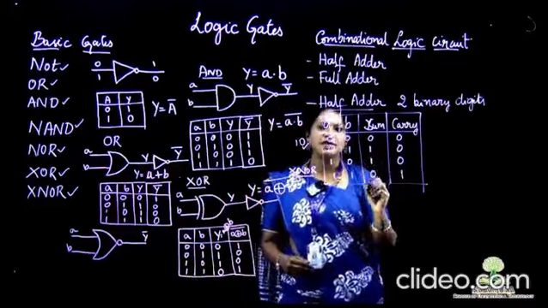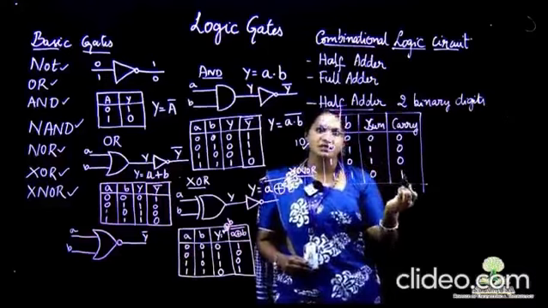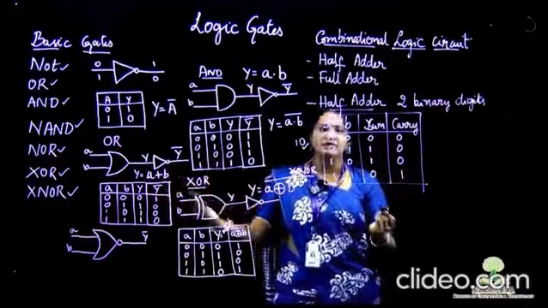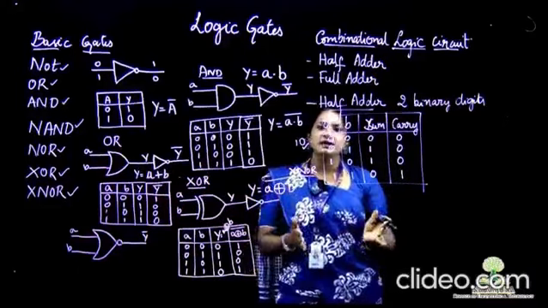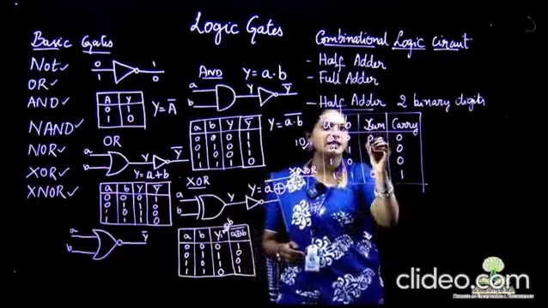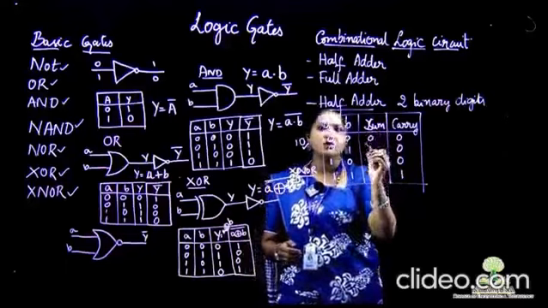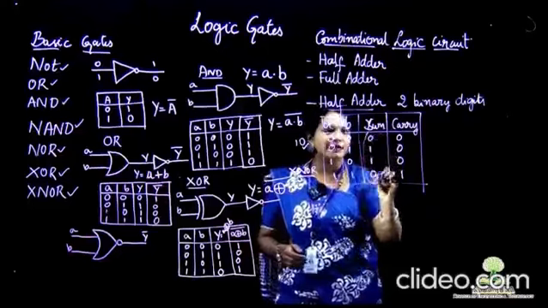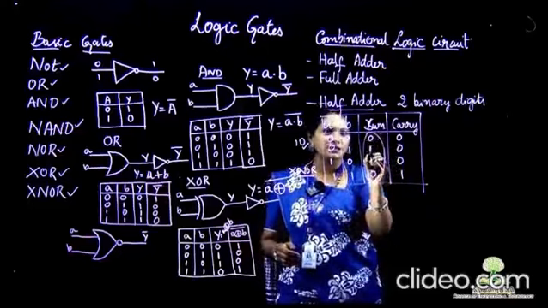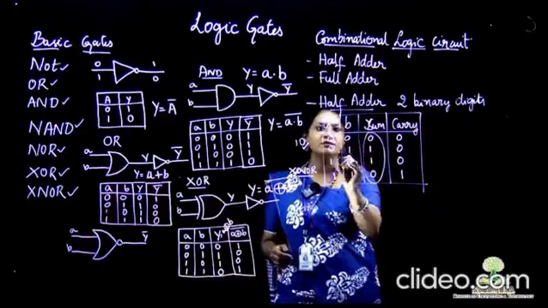Seeing the truth table, I have to design the combinational logic circuit, that is, using the basic gates which we have discussed. We are going to design the half adder circuit using this truth table. Let us see which basic gates would be more suitable for the sum part. As we can see here, the sum is going high whenever there are an odd number of ones.